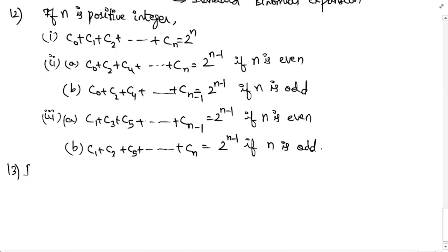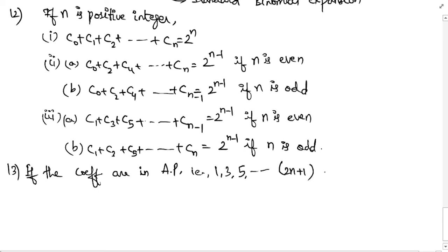Okay, and if the coefficients are in arithmetic progression, that is 1, 3, 5, so on up to 2n plus 1, then we have a statement even for this.